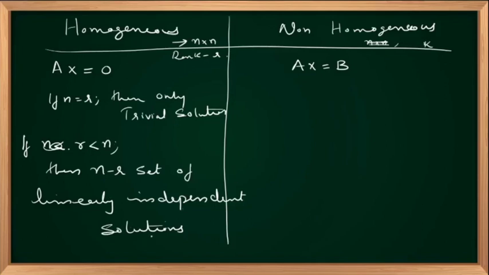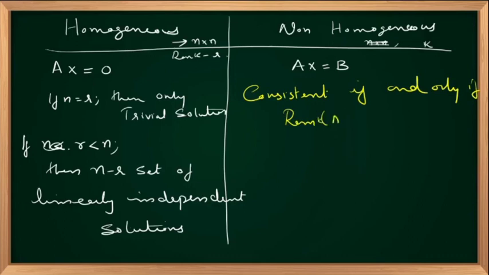This is what is about the homogeneous case. Now the non-homogeneous case. Here there is no issue of consistency, because the homogeneous case is always consistent. But the non-homogeneous case is consistent if and only if rank of A equals rank of the augmented matrix [A:B]. The rank of the augmented matrix and the rank of the coefficient matrix are the same.